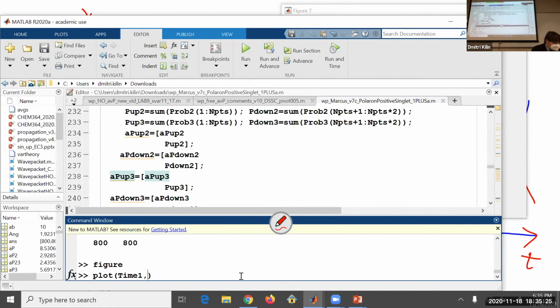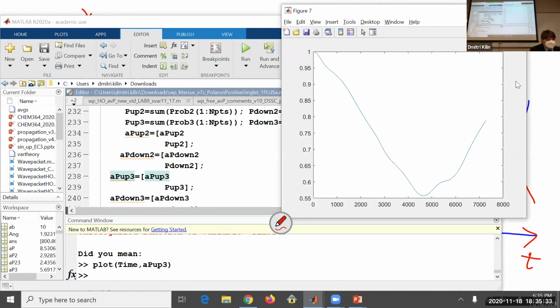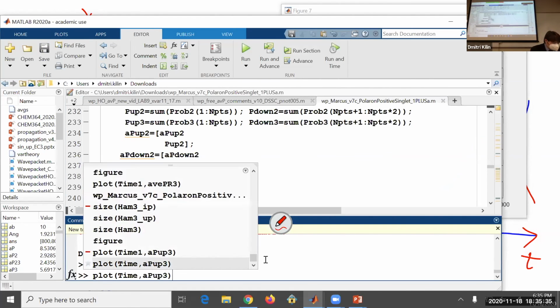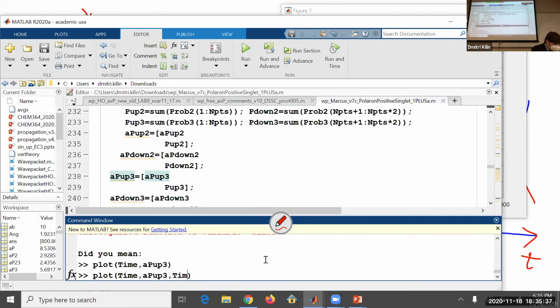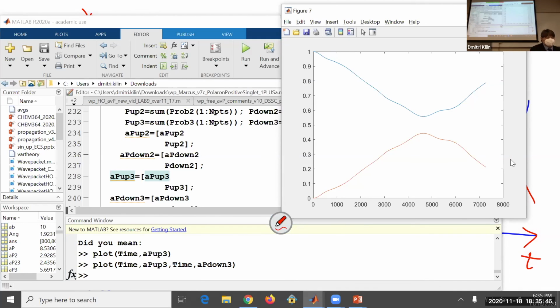In a_p_up_3 and in a_p_down_3, what we see is the decline of the population in the original state and the increase of the population in the final state.